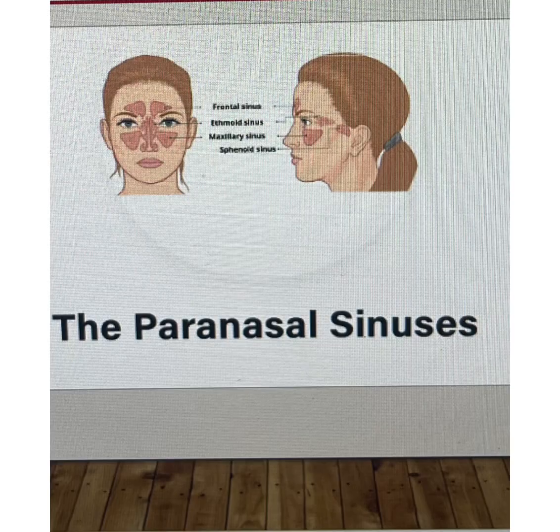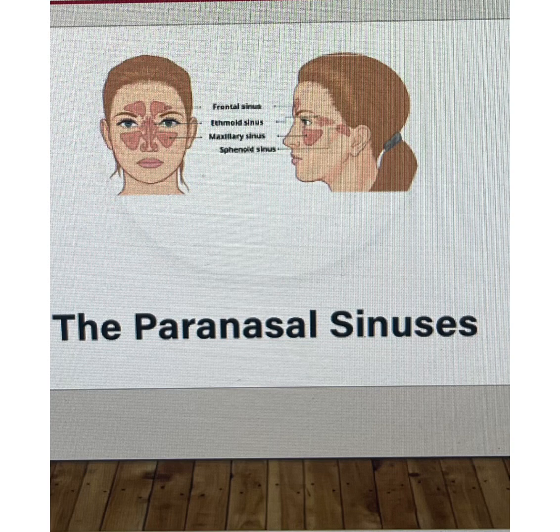Let's do a quick review of the anatomy and physiology of the paranasal sinuses, which would be useful for nurse practitioner students. Paranasal sinuses are hollow air-filled spaces in the skull and facial bones surrounding the nose. There are 4 paired paranasal sinuses named based on their location. As you see in the picture, the frontal paranasal sinus is located in the lower forehead.